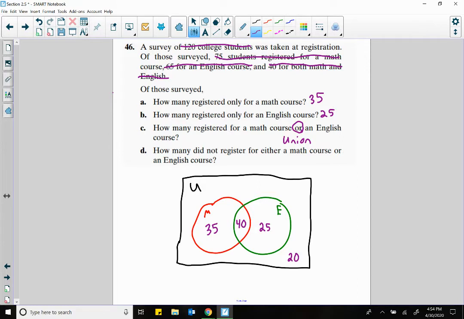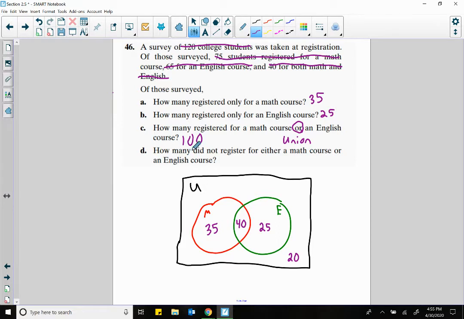Okay? So the union means that everybody in math and everybody in English are invited along. So to get this answer, we got to take 35 plus 40 plus 25 because that's the union, because those are the numbers in all of my circles. So 35 plus 40 plus 25 is 100. So there's how many registered for math or English.